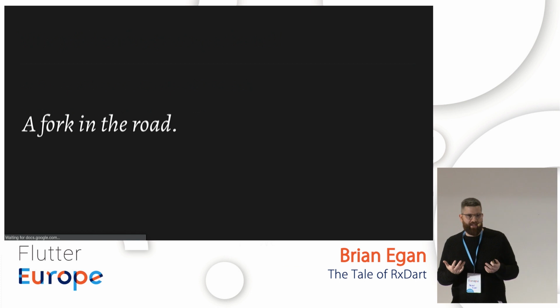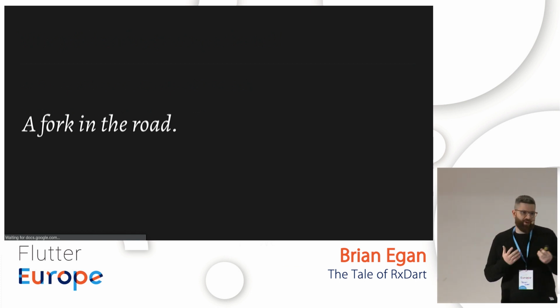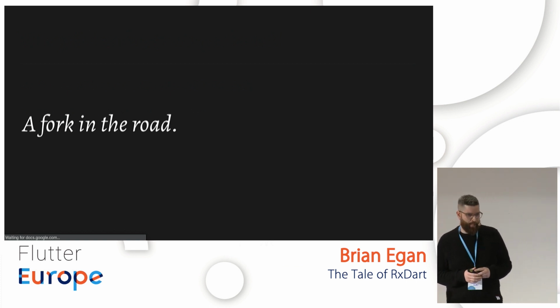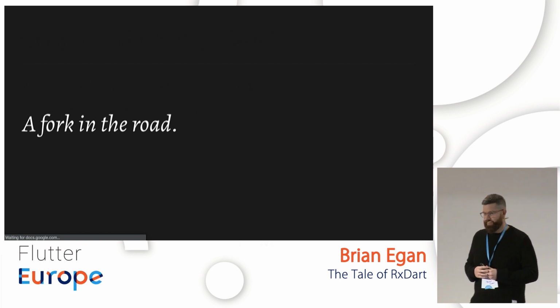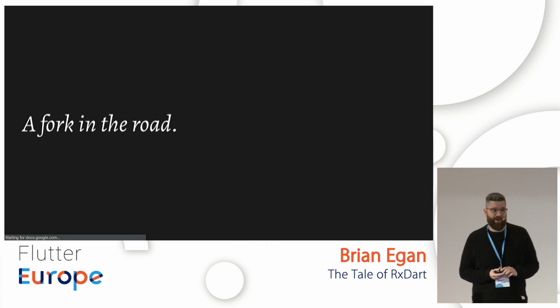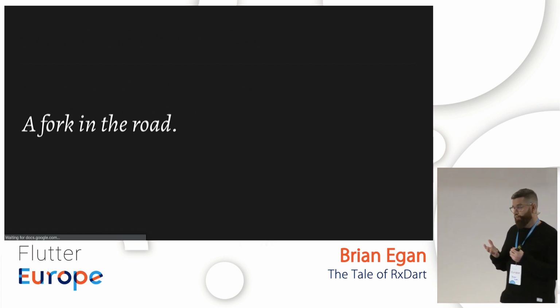And so this kind of led us to a bit of a fork in the road, right? It was an interesting problem. The library had started as a wrapper around RxJS, but it had transformed a bit since that point. It was no longer a wrapper around RxJS. We weren't implementing the observable spec correctly, because we decided in the end that we had two options.